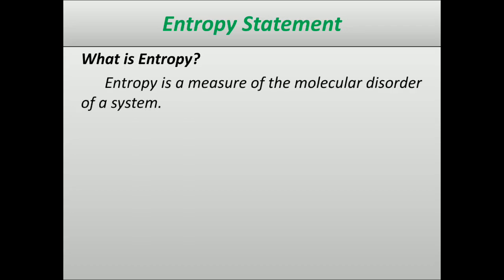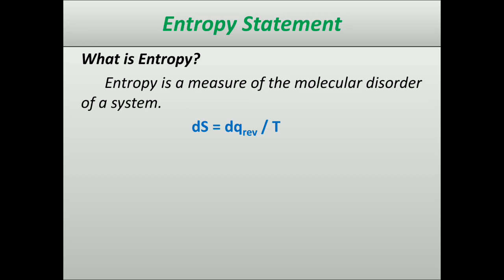Now we are going to see the entropy statement. So what is entropy? Entropy is related to the disorderliness of a system or randomness of a system. So entropy is a measure of disorderliness or randomness of a system. The entropy change dS is defined as the ratio of heat change, that is dq, to the temperature for a reversible process.